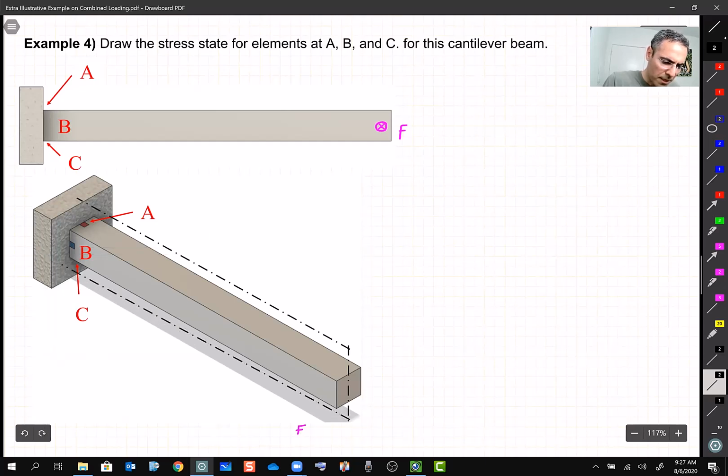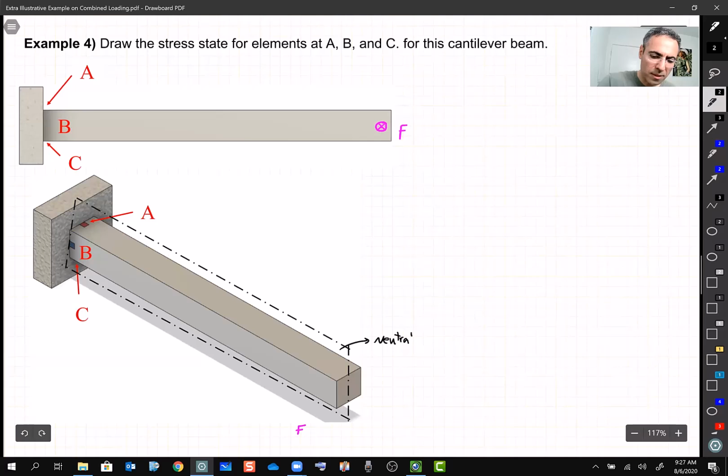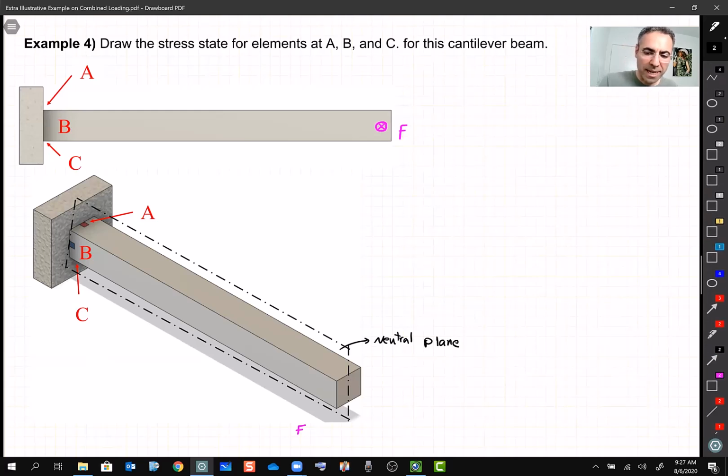This is the neutral plane, parallel to the plane where point B is. Let's write it down there: neutral plane.